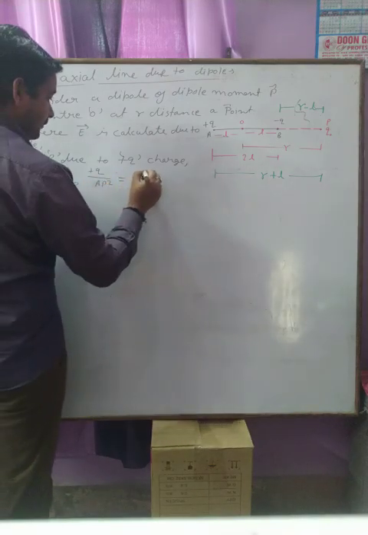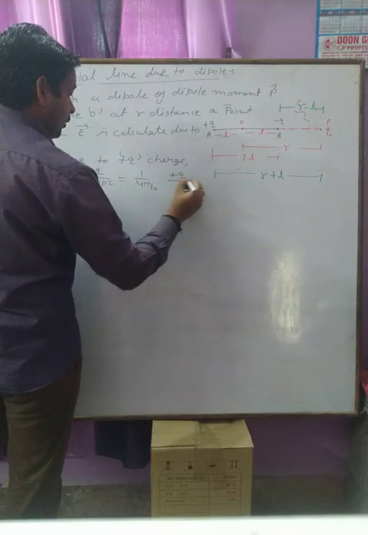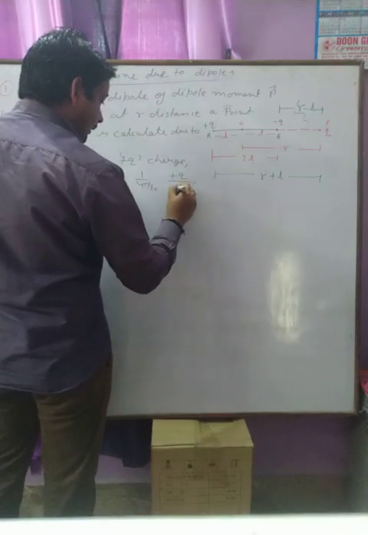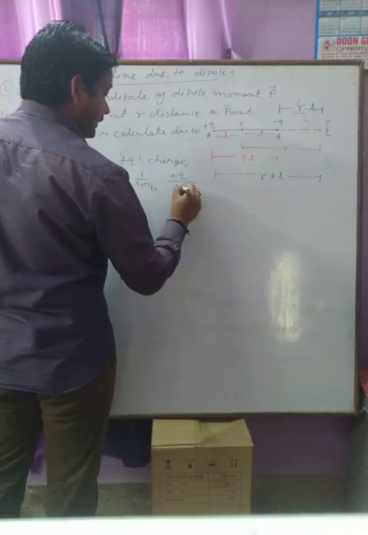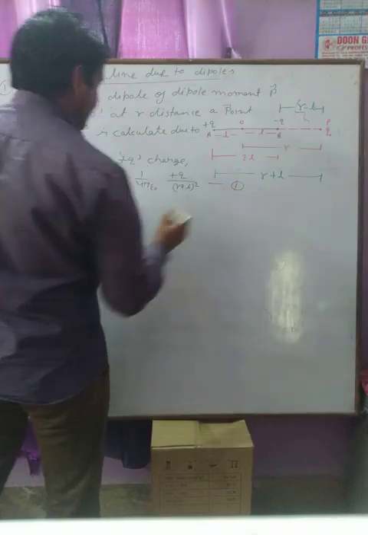This value comes to 1 upon 4 pi epsilon naught plus Q upon R plus L square. This is equation first.